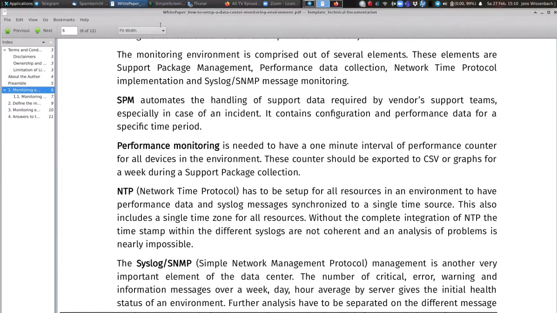So all of these items play together in the monitoring of your infrastructure, and even in long-term monitoring. Monitoring is not just for the past half an hour or the past day. Monitoring is related to your overall infrastructure, to a long period of time, even for years to come.